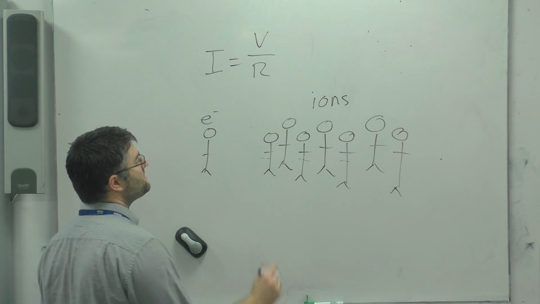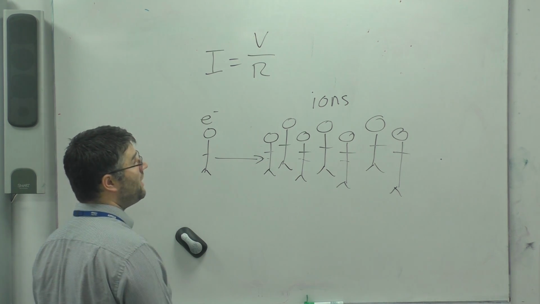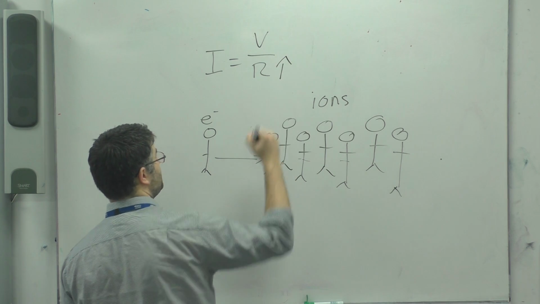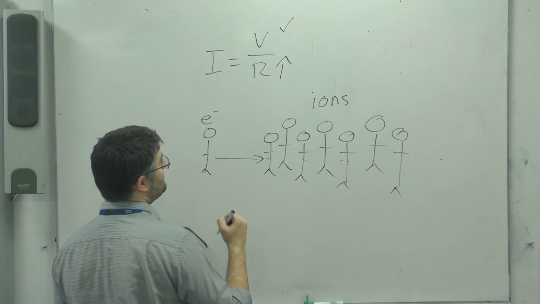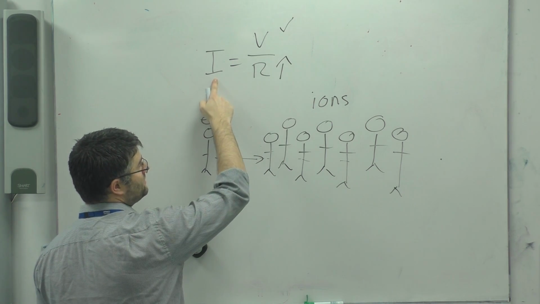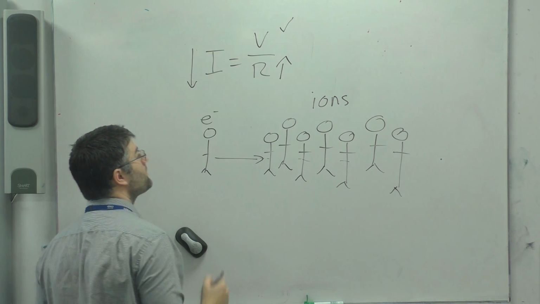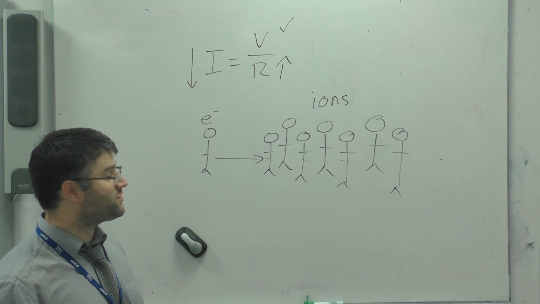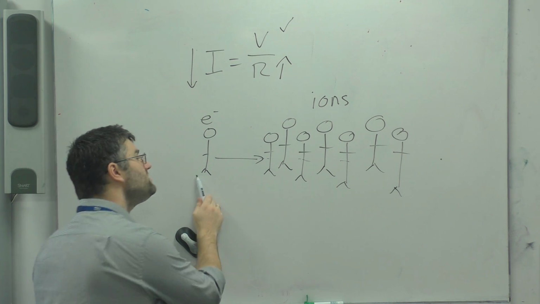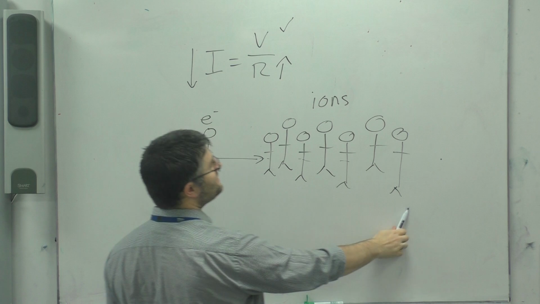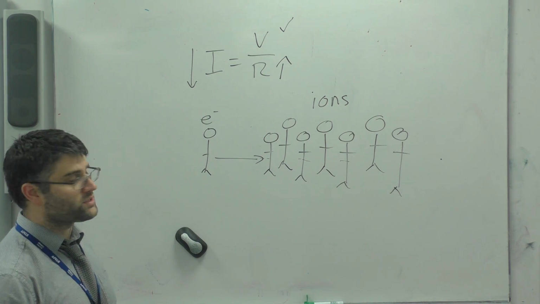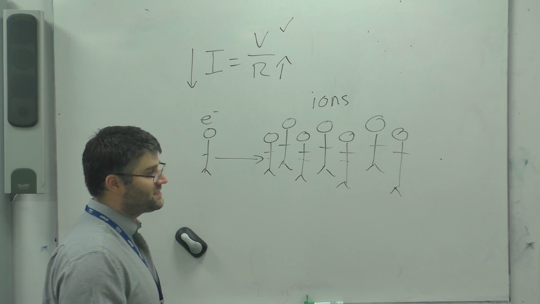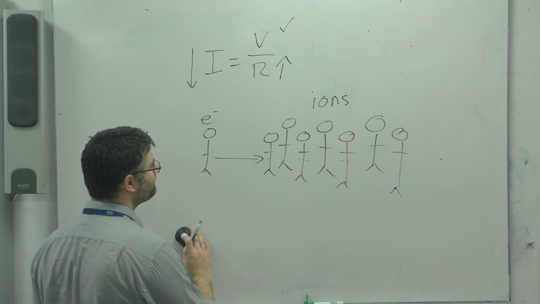Then this electron is going to have a hard time getting through all those people. We've upped the resistance. Where the voltage stays the same, what is this going to cause the current to do? Well, it's going to drop. Remember, current is the rate of flow of charge around a circuit. So he's not going to move through these people quickly, he's going to move through them fairly slowly. As a result, the rate of flow of charge is going to drop. And that's a nice example of how resistance works.